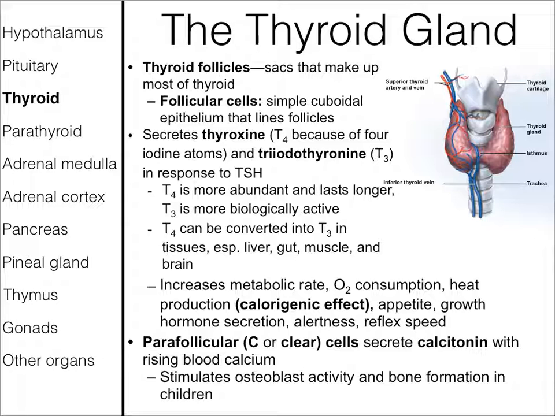There's actually 2 thyroid hormones. Thyroxine is the first thyroid hormone. It's usually called T4 because it has 4 iodines. And it secretes triiodothyronine, or T3. It does both of these in response to TSH.